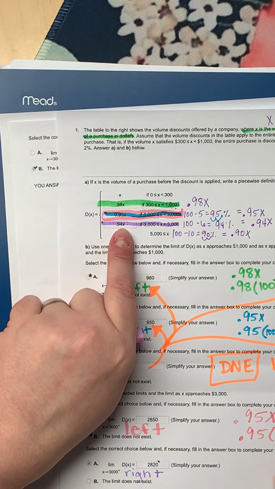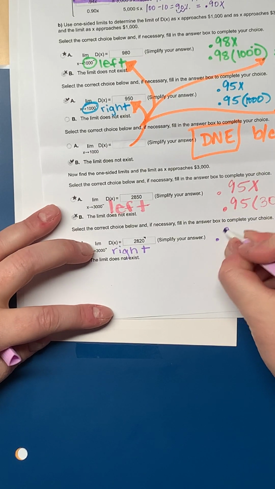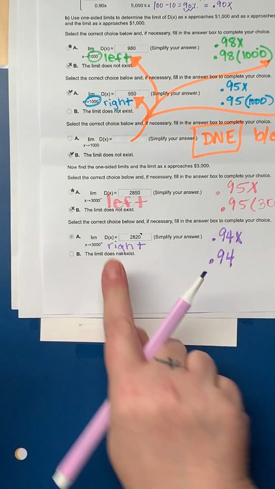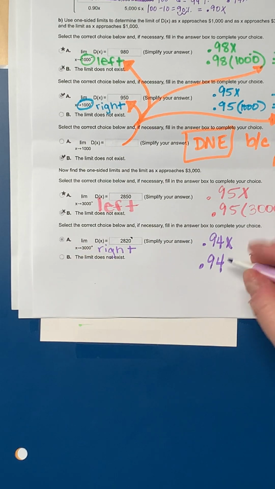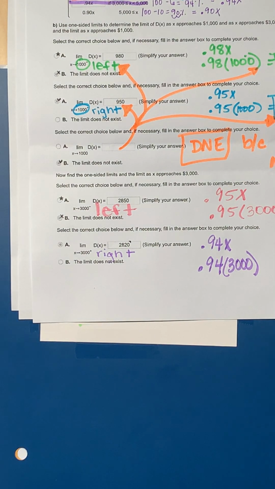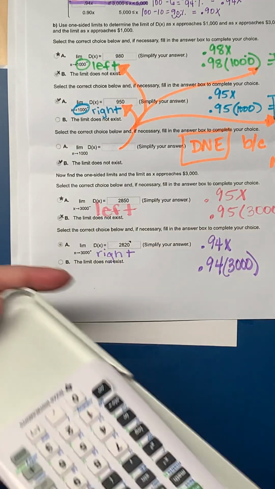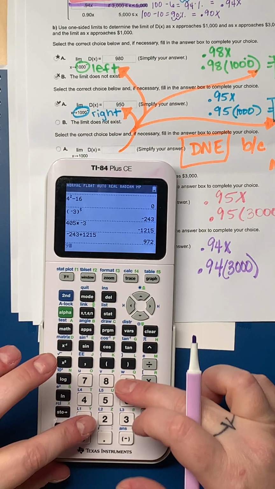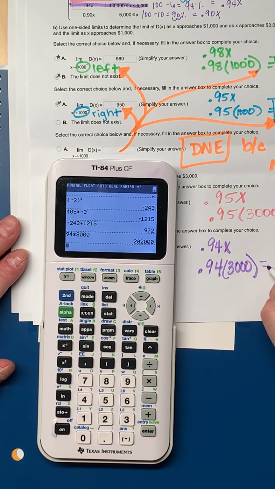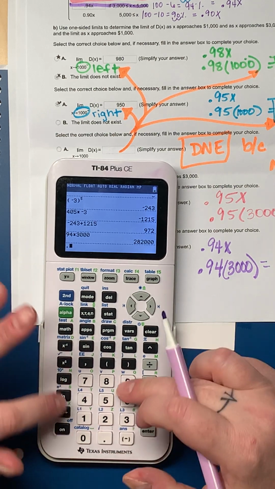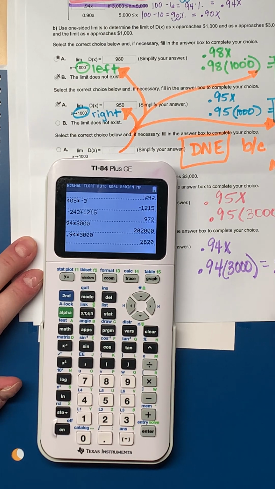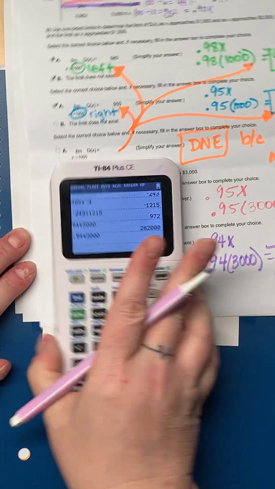So we're going to use that equation, 0.94x, as in 0.94 times the number that we're approaching, 3,000. And let me see what that gives you. Oh, I did that wrong. I got 2,820. Okay.